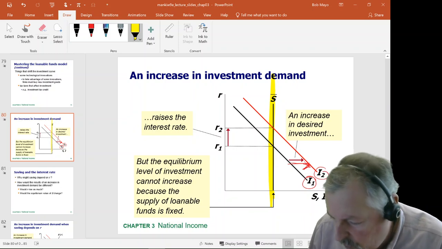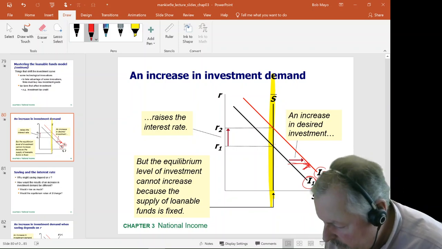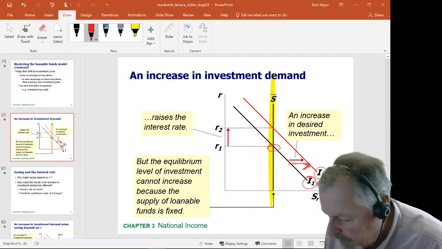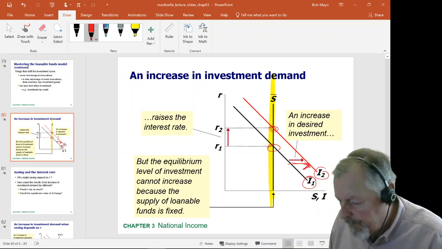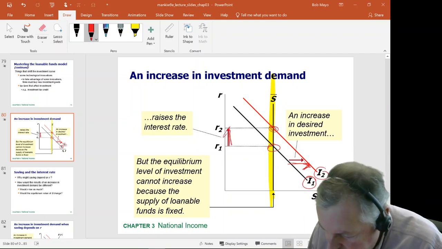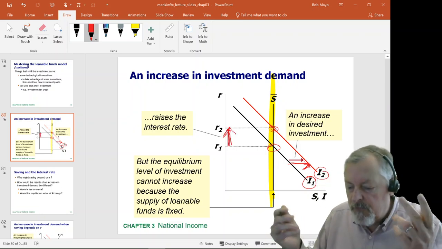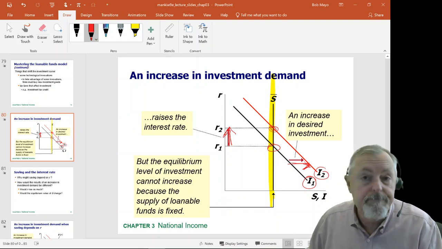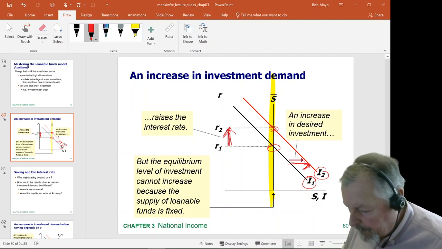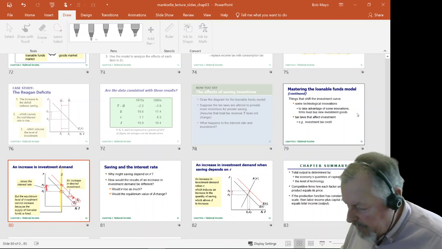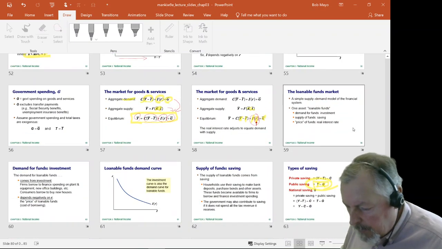Then we're going to go from this equilibrium to this equilibrium. And the interest rate will go from R1 to R2. It's a very simple supply and demand graph.